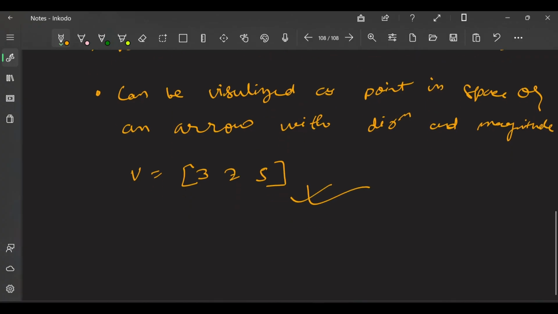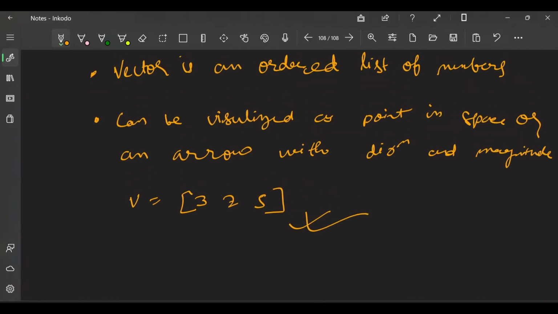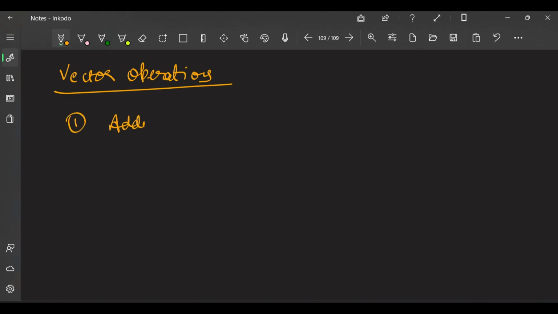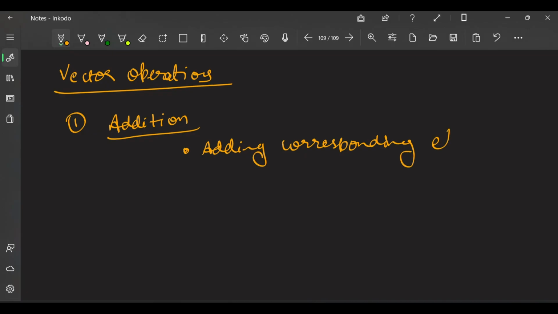Moving further, what operations can we perform on vectors? Let me write it down. Vector operations. First is addition, where we add corresponding components, corresponding elements.